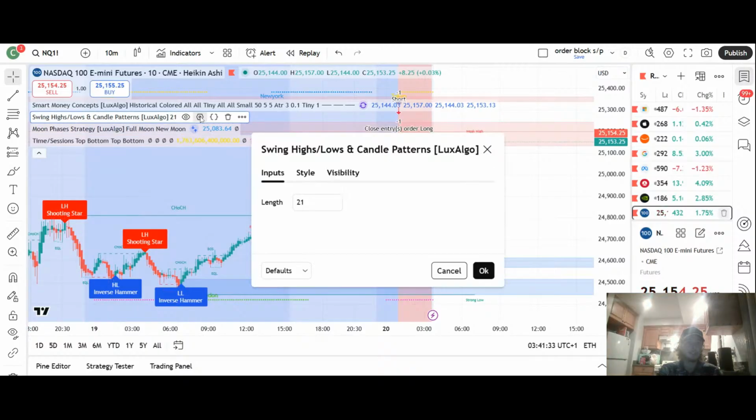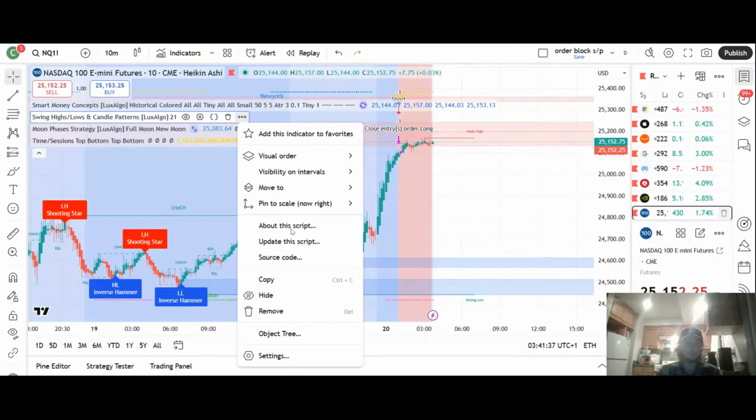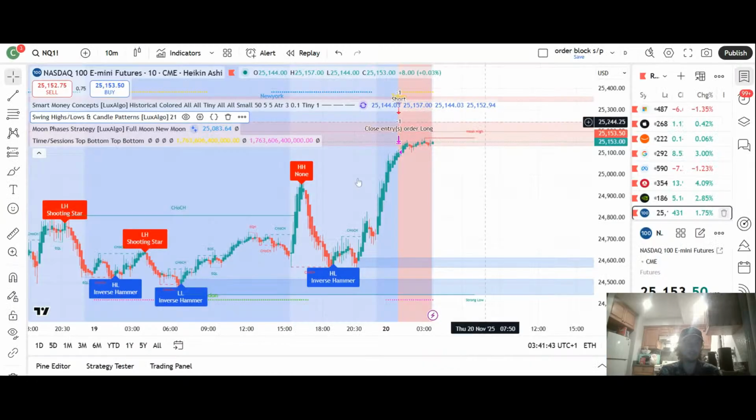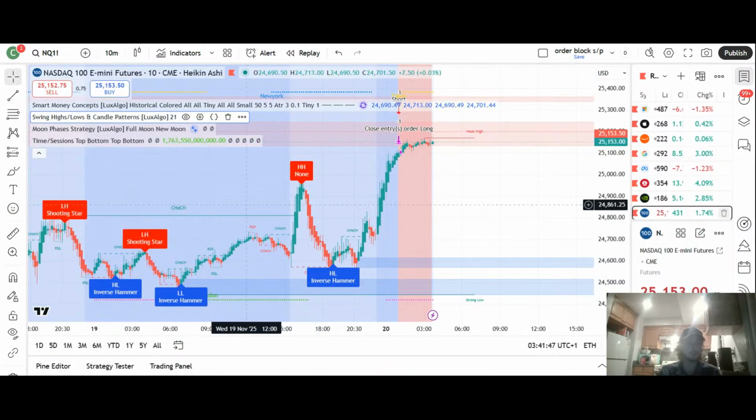Then this one is swing high, swing low. High, high, high, low. These are dojis, and it gives you these small labels. HH, none, inverse hammer, inverse hammer. So you know the energy of how strong it will come back.